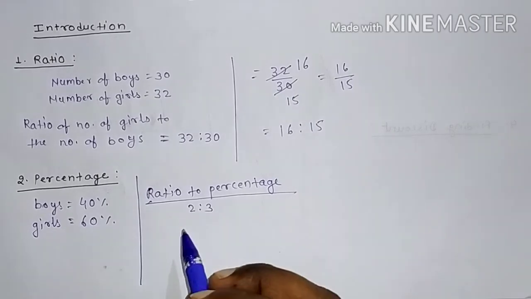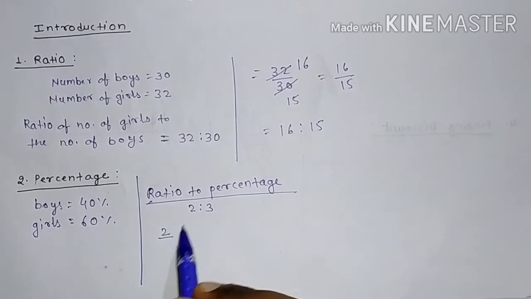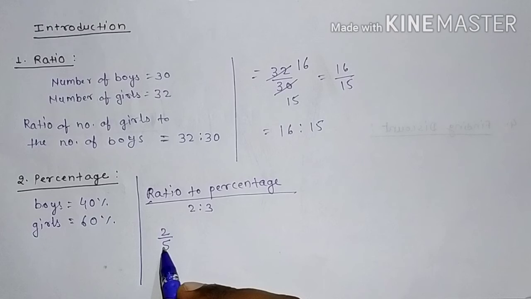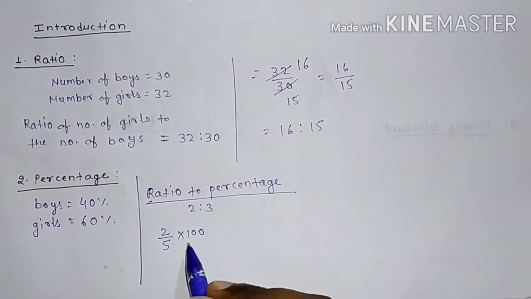Now simply write 2 here and add these two numbers, so 2 plus 3, that is 5, so write 5 here, and we can multiply by 100 simply.